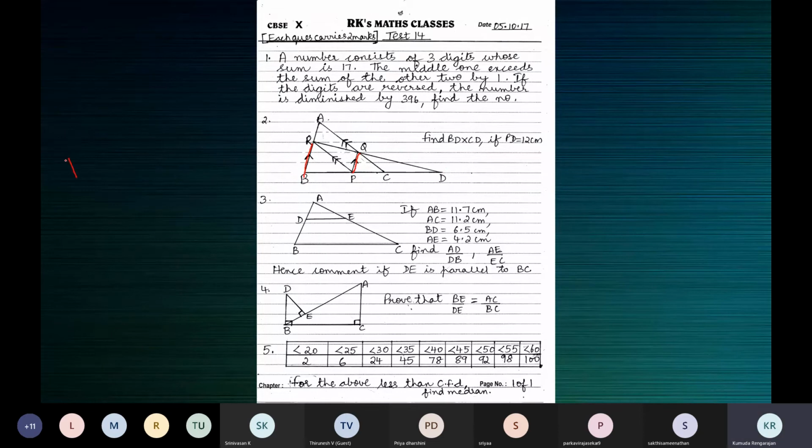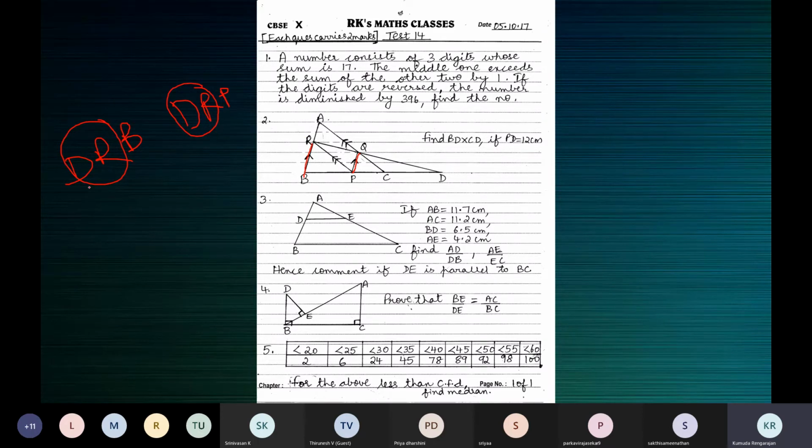DR is the common side. You need to take up two triangles which have a common side, so I'm saying DRB, DRP.